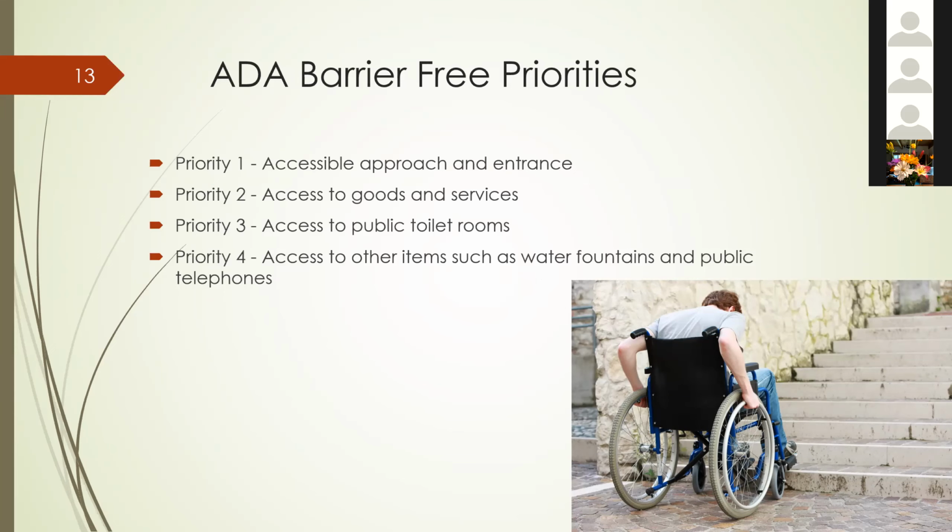These are the priorities that I look for, that the Americans with Disabilities Act is looking for: to make sure that first the approach and access to all buildings is designed appropriately, and then you have access to goods and services, and then priority 3 being public restrooms, baths and showers, and the 4th priority is making sure of drinking fountains and public telephones, which nowadays most people don't use.